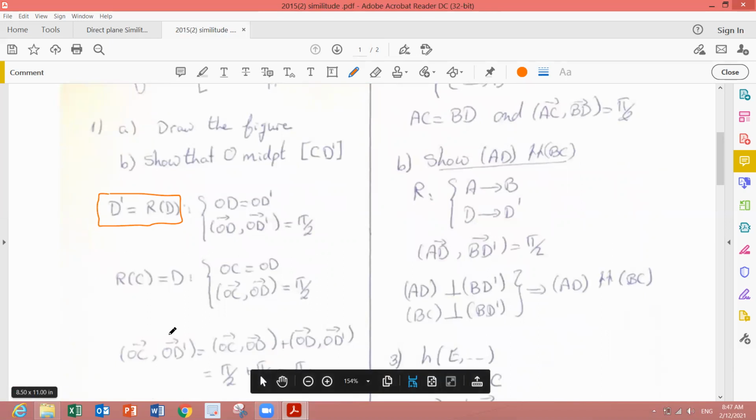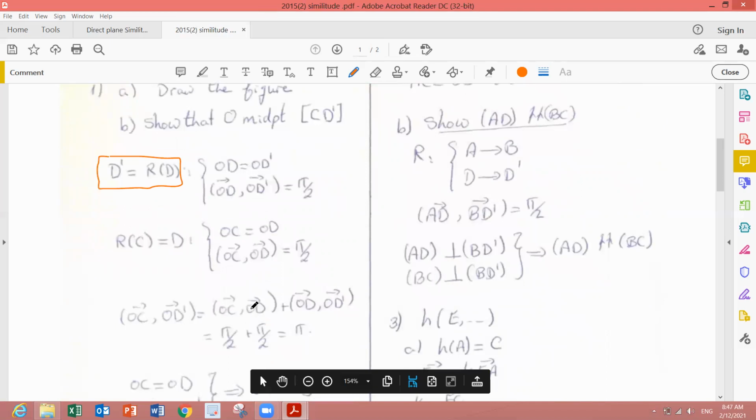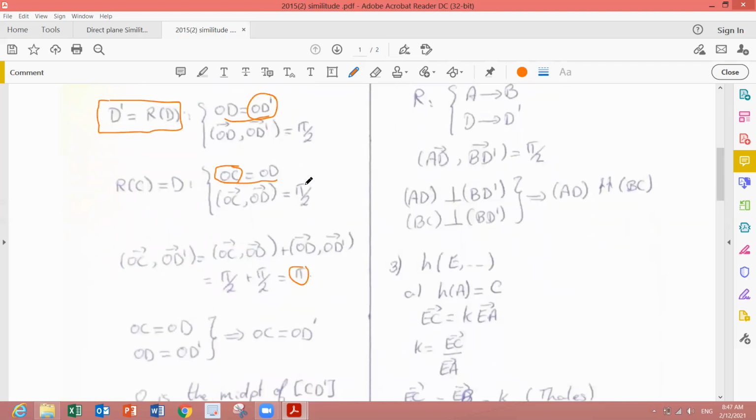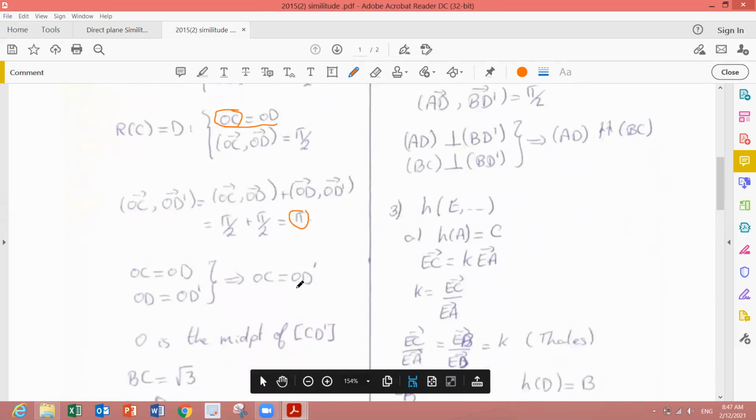So angle COD prime, which is COD plus DOD prime, equals pi. They are collinear. From here I have OD equals OD prime and OC equals OD. Then I get OC equals OD prime. So O is the midpoint of CD prime. Finally, we get O is the midpoint of CD prime.